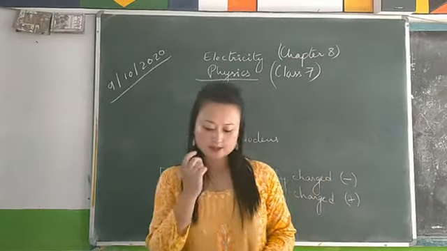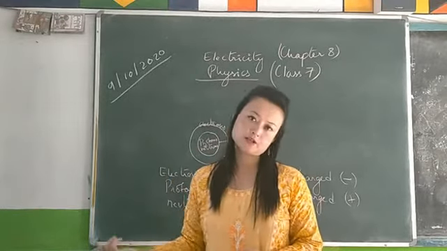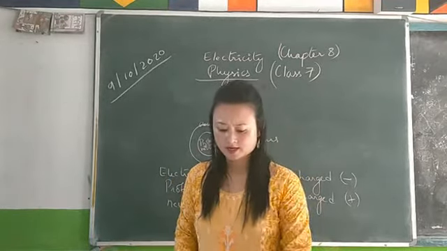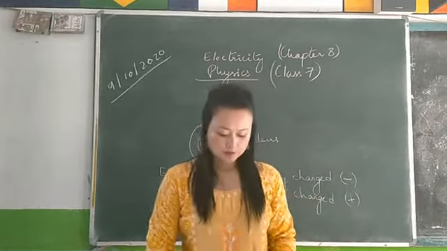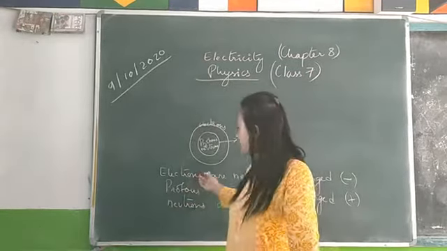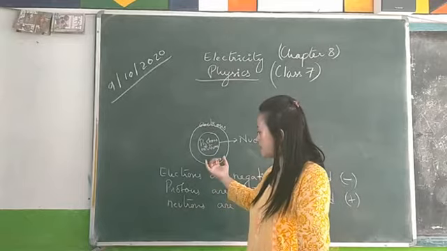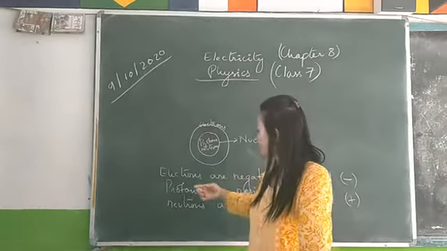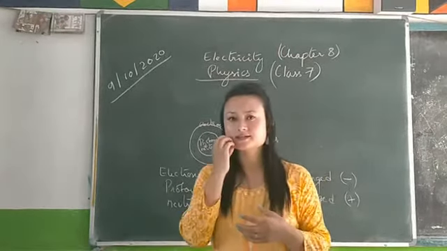And as I told you, I'm sure that you very well know about protons, neutrons and electrons from your chemistry class. However, I'm just revising it. So, electrons are negatively charged, protons are positively charged, neutrons are neutral. Generally, an atom is considered to be neutral.